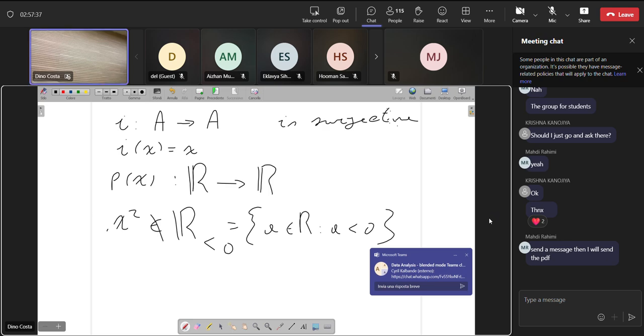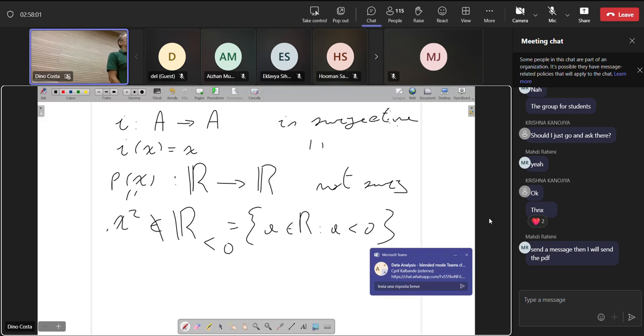The first one is surjective, the second one is not surjective. Because when we do the power x squared, we always have a positive number, never a negative.